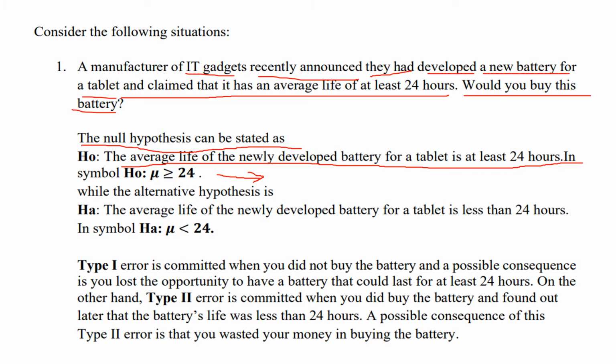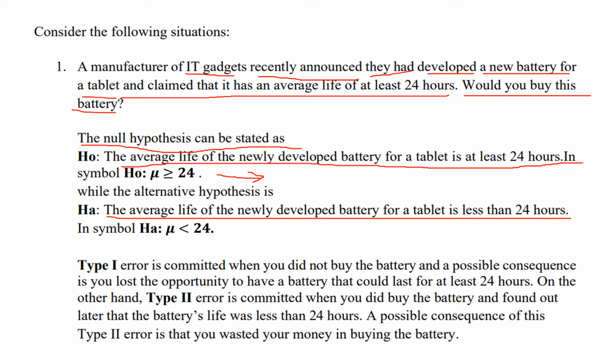But there are some books that use only is not equal to, because your null hypothesis will represent an equality between the two variables involved. While the alternative hypothesis is, the average life of a newly developed battery for a tablet is less than 24 hours.